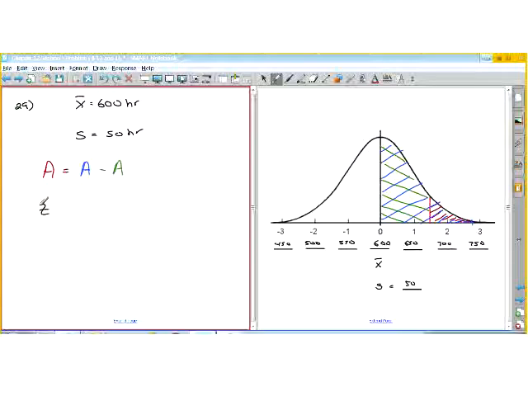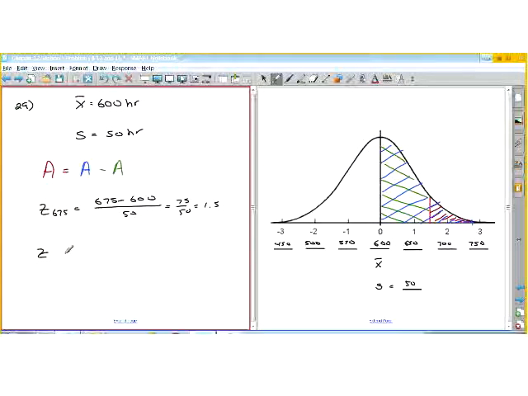The z-score associated with the lower number, which was 675, is you take 675, subtract the mean, divided by the standard deviation, which gives you 75 over 50, which is 1.5, positive 1.5. And that makes sense because we're over here to the right of the mean.